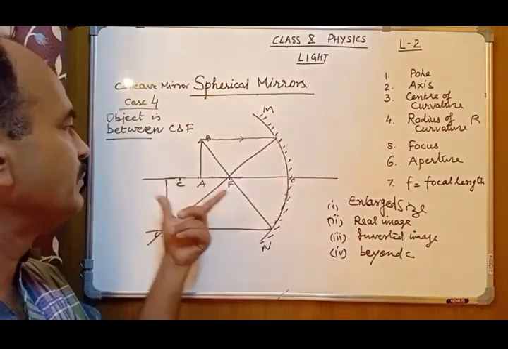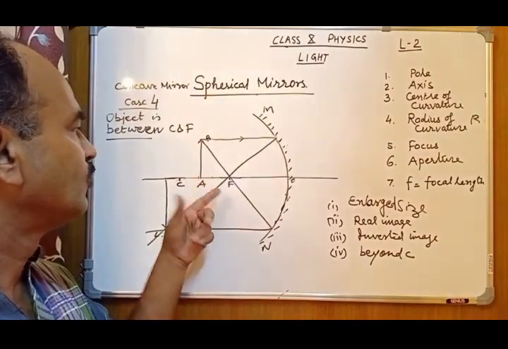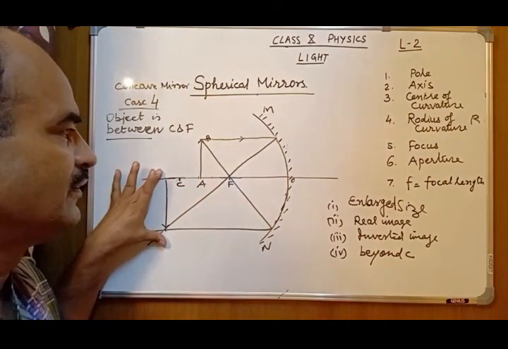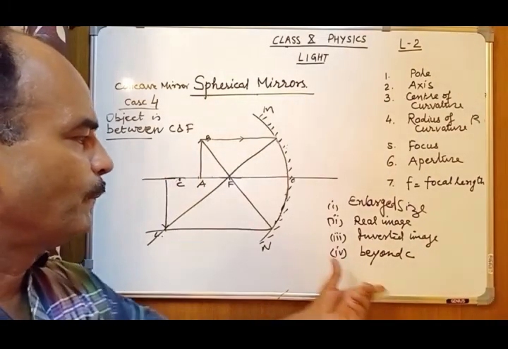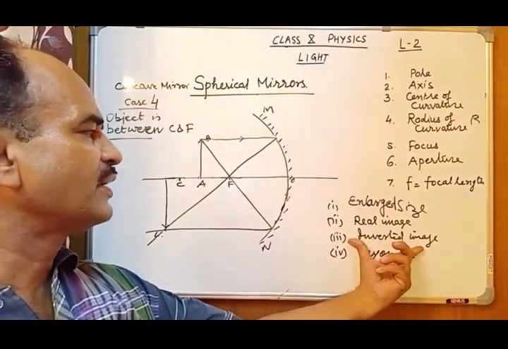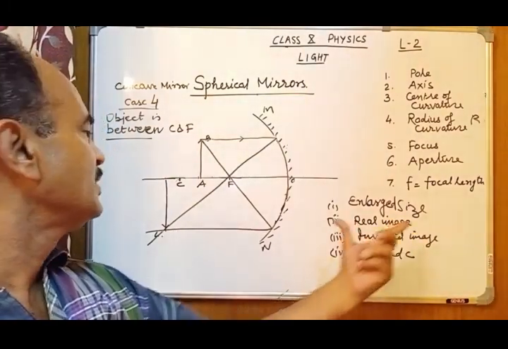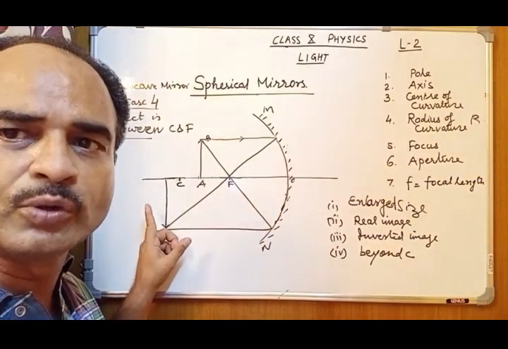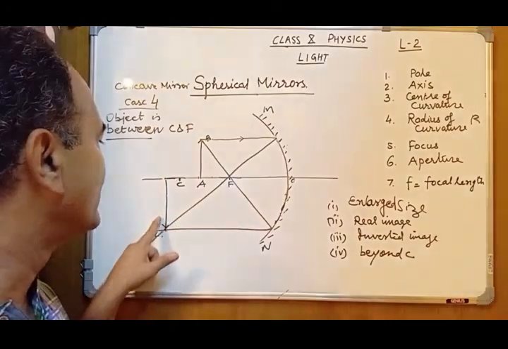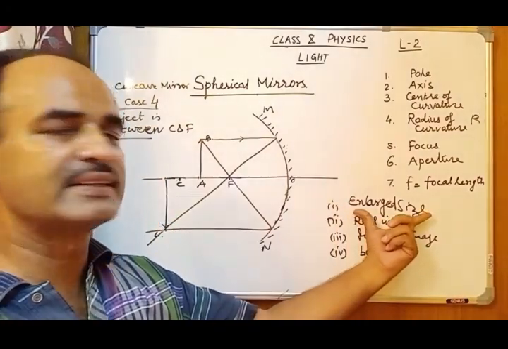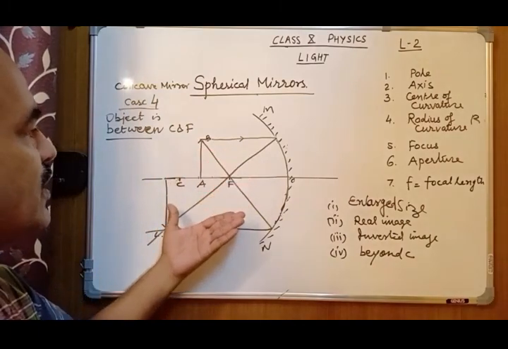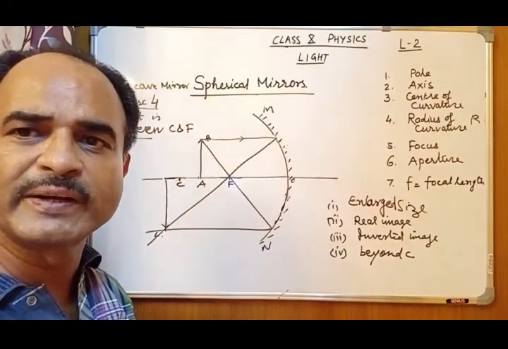We keep the object AB in between C and F, and what we will see is that the image is formed beyond C. It is an inverted image. It is again a real image, but now it is no longer diminished or equal in size. It is an enlarged image. From the symmetry of the triangle, you will come to know the mathematics. A little mathematics is there.